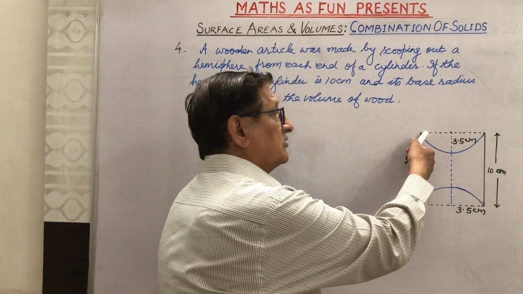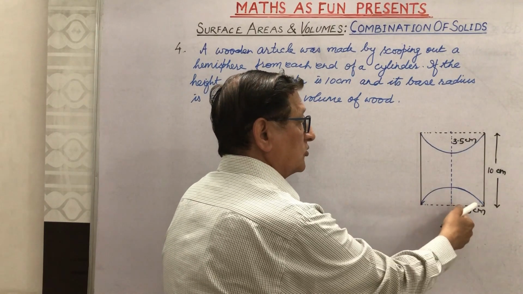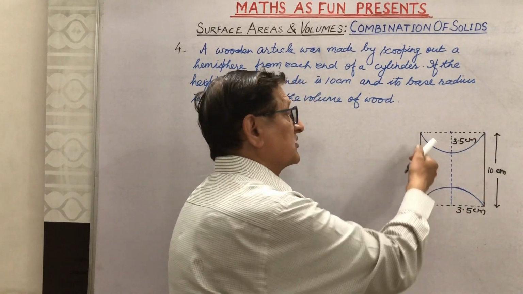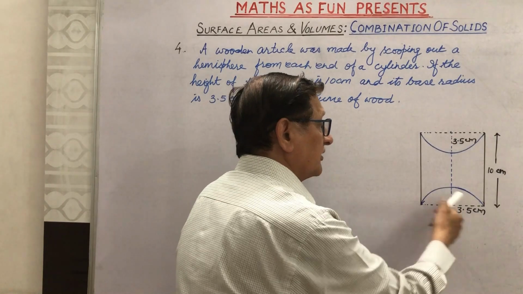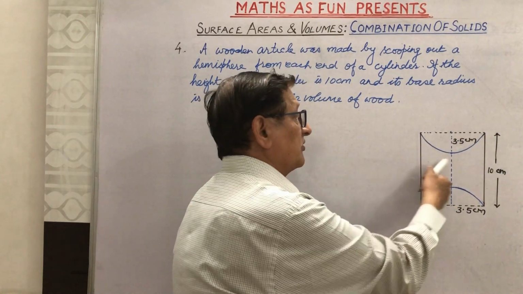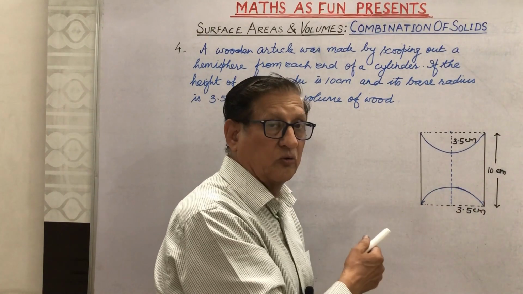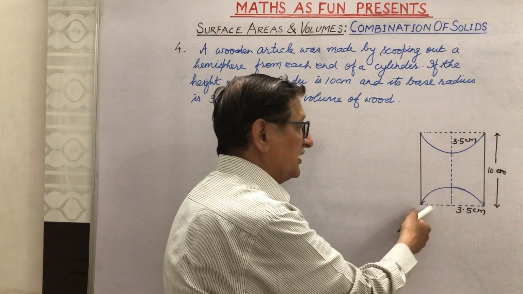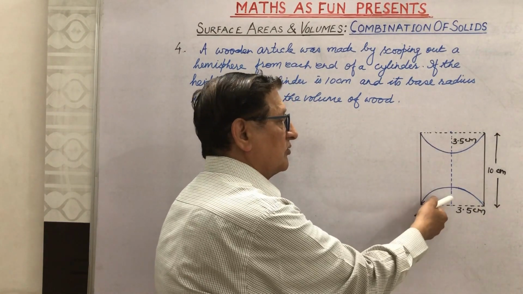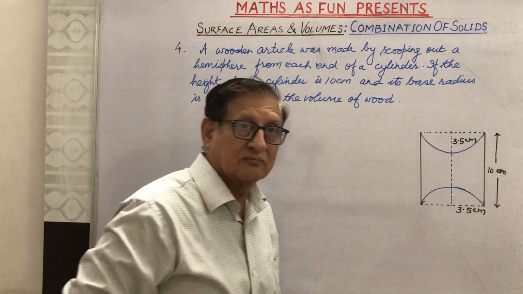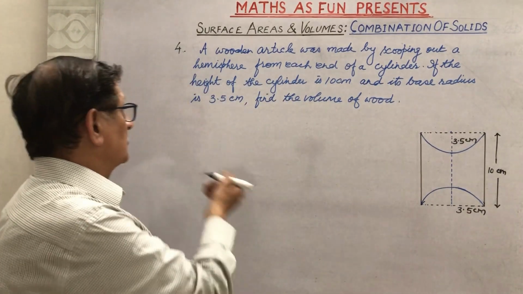Now once this particular part is scooped out, we can understand that this much part of the wood has been taken out from it. It means the volume of the remaining wood in this will be equal to the volume of the cylinder minus the volume of these two parts. Let's find the solution.